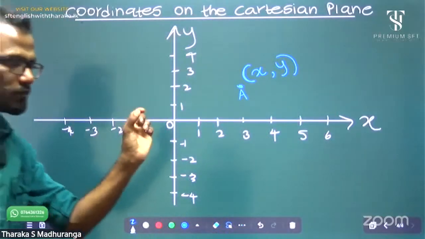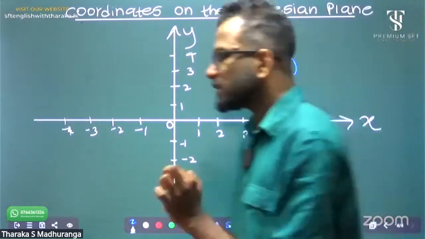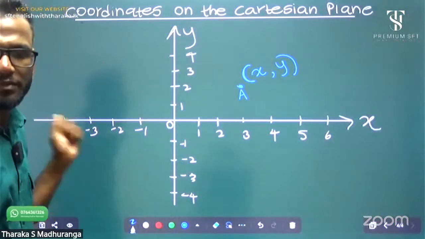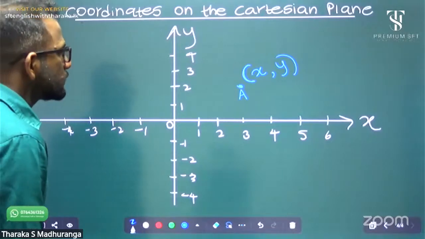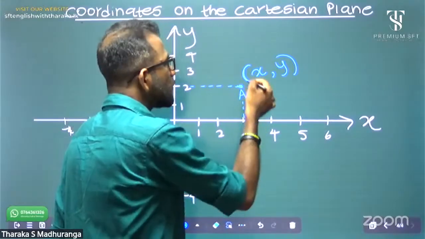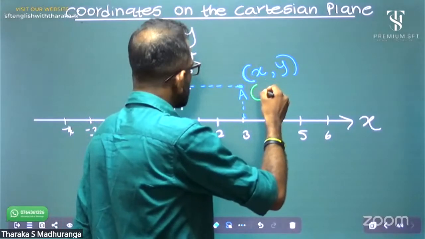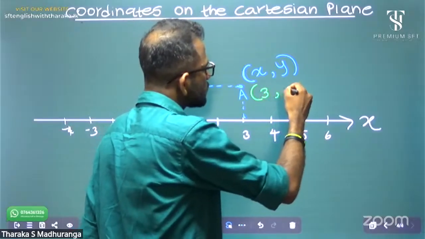That's how we find any point on the Cartesian plane. The first value is always the x-axis value. Now you can see the coordinates of point A are 3, 2.